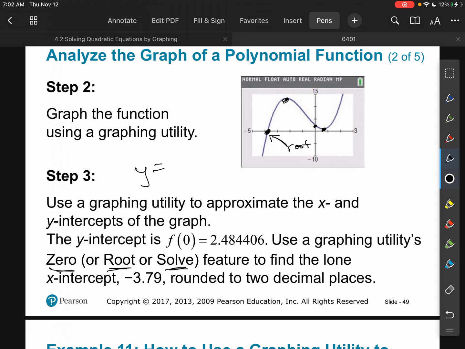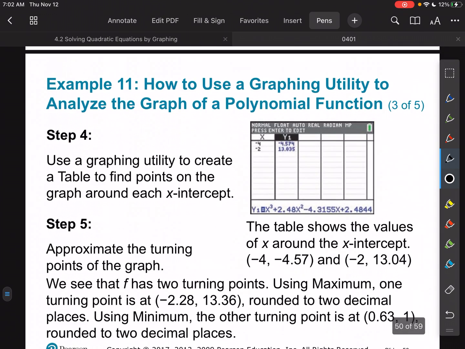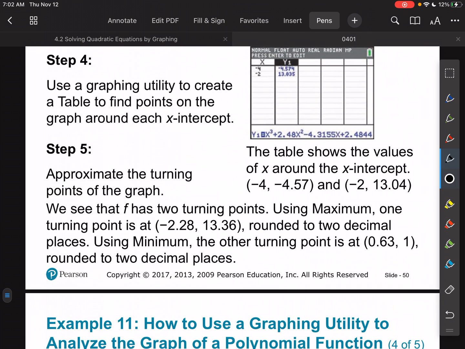And what else do we need to know? Oh, we could use a table. You could technically get a table from the graph if you wanted to. I don't know that you would need to for this lesson, but you could. And then approximate the turning points of the graph. So again, that's just using your max or your minimum feature.